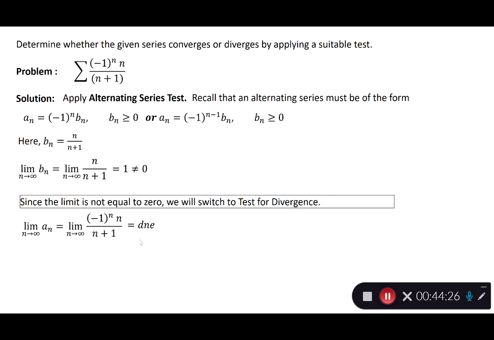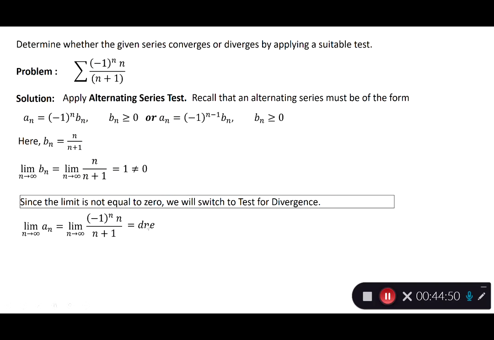Right? In some case I found the limit of a sub n to be 1. So the limit is not equal to 0. Your series diverges then. Oh, but the limit does not exist. Okay, you mean to tell me the limit is not equal to 0. Yep. So series diverges. End of the story.